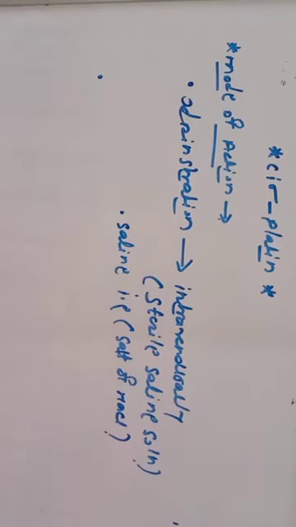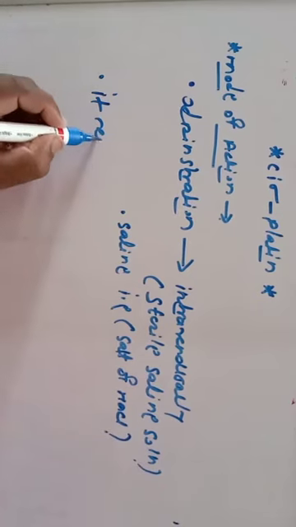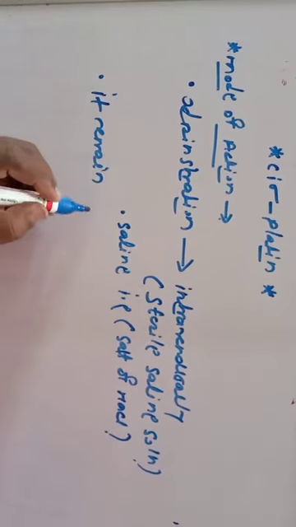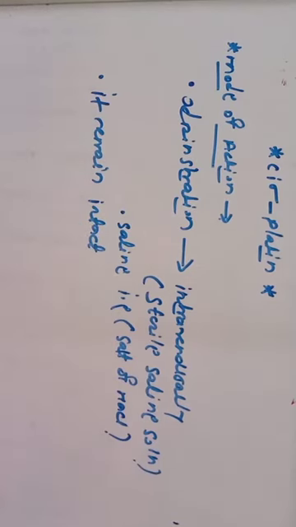The second important point is the high concentration of chloride ion. When cisplatin enters the blood, it remains intact due to the high concentration of chloride ions.